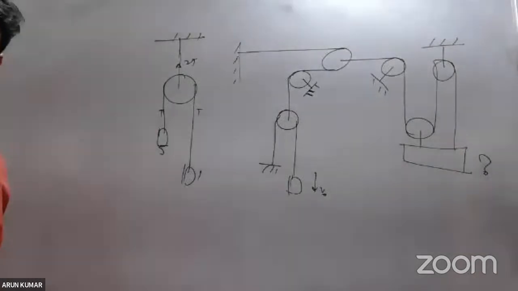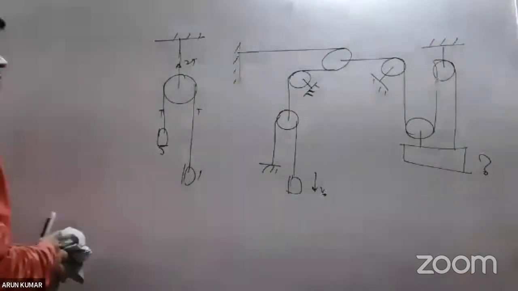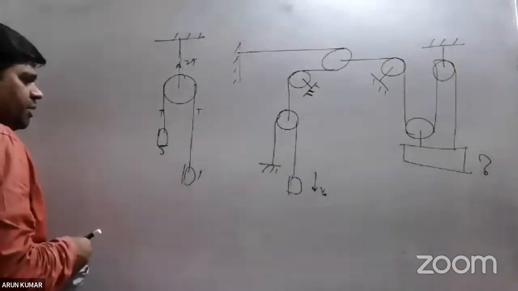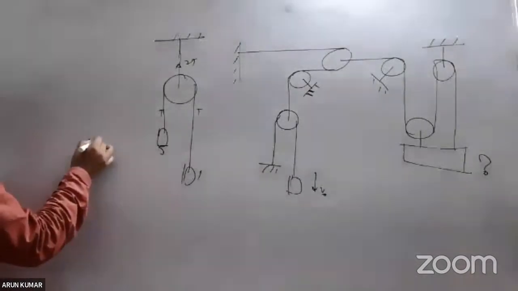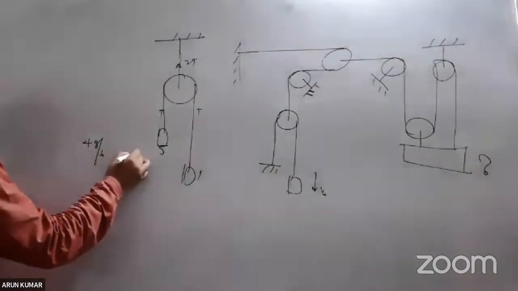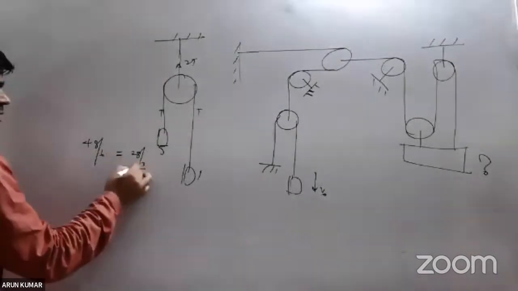So how do we do this? Let's draw the FBD of each block or find the acceleration first. Acceleration ఎంత ఉంటుంది? Quick look and say 5g minus 1g by 6. 4g by 6, which is 2g by 3. Right.